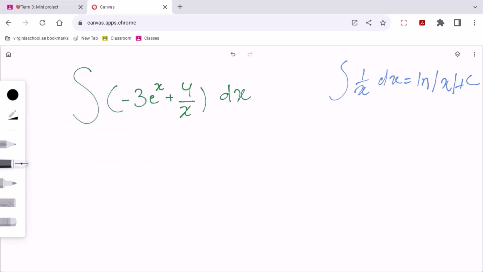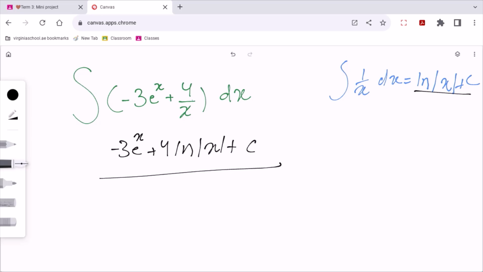So it will be negative 3e to the power of x plus 4, and we have here the natural log of the absolute value of x plus c. This is the final answer.